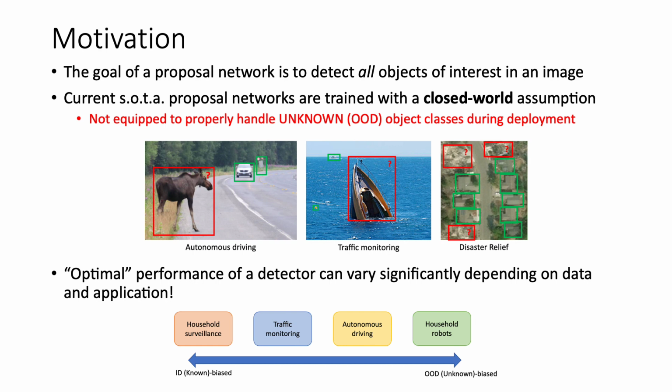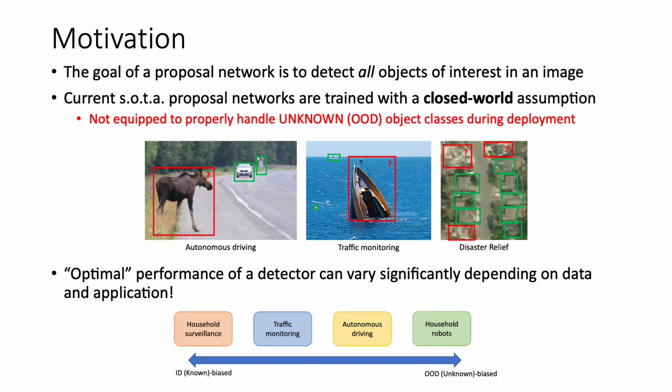If they are deployed in an open world environment, one where the model might encounter novel or unknown object classes, otherwise known as out of distribution or OOD, the model can fail in one of two ways. Number one, it can misclassify unknown objects as known classes, or number two, it can just fail to detect the unknown objects altogether. And these kinds of mistakes can yield catastrophic consequences in many applications.